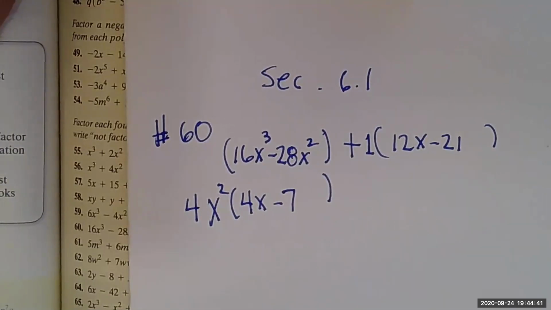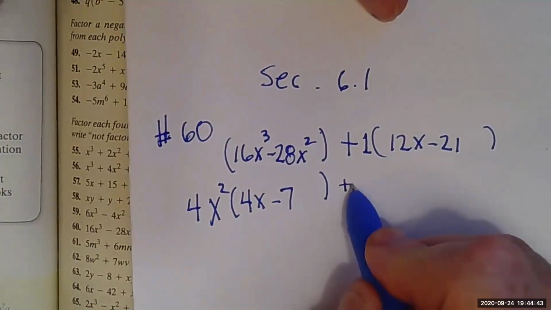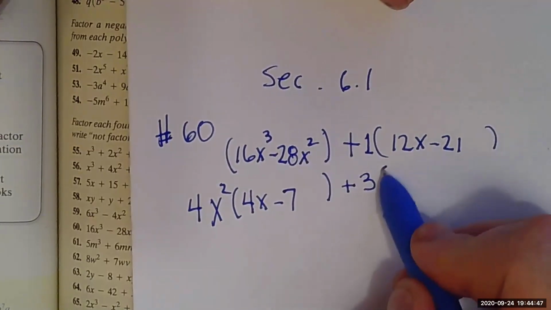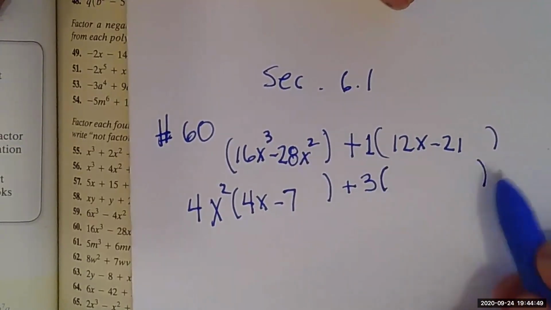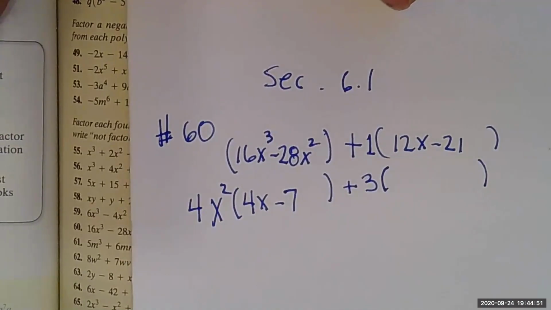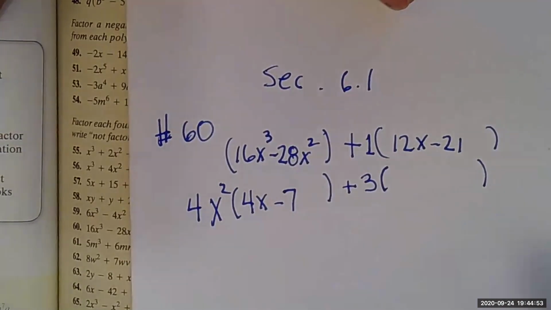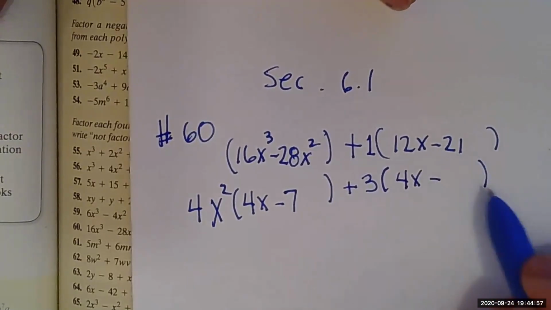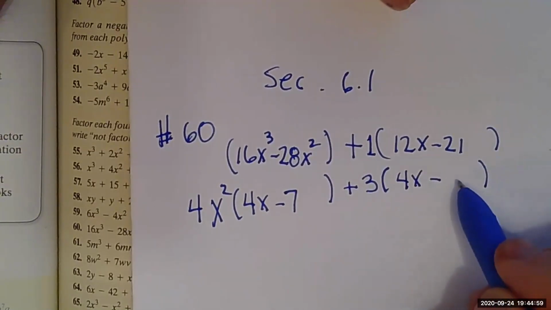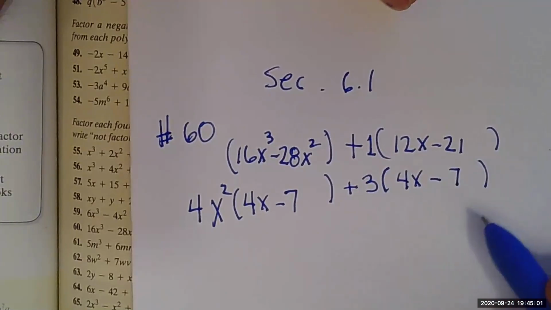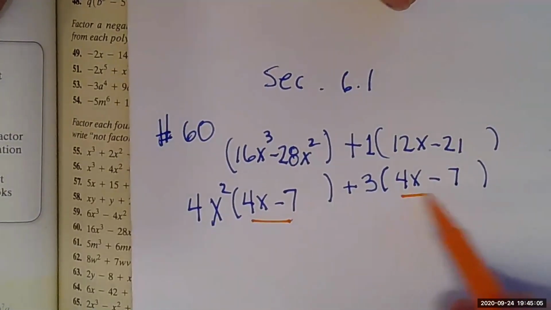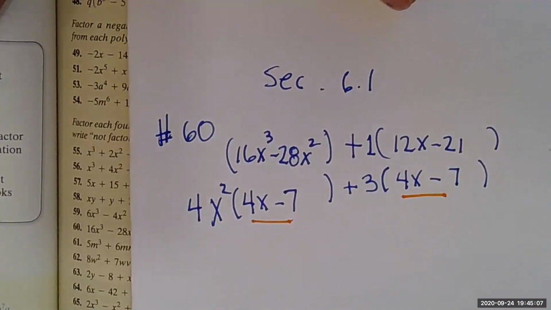No. I agree. So you're going to go plus 3 then, and they don't both have x's, so you leave it like that. And what's left over in the parentheses when you yanked off a 3? Okay, so then you have 4x minus 7. Good. And that's what you wanted, because in the parentheses they needed to be the same, and they are. And that's your answer right there.